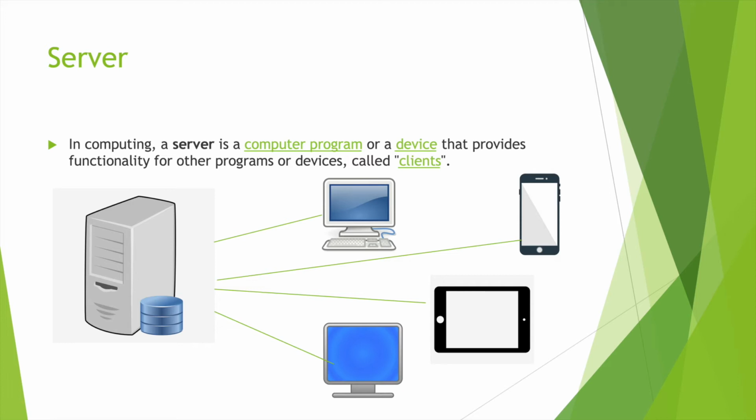You can see on the left side, the server is providing information to multiple clients depending on their geographical location or how they are connected. The main goal of a server is to provide information or a response to the request which they get from the clients.